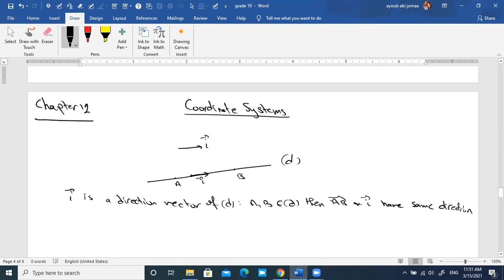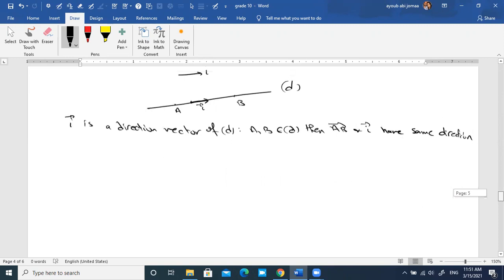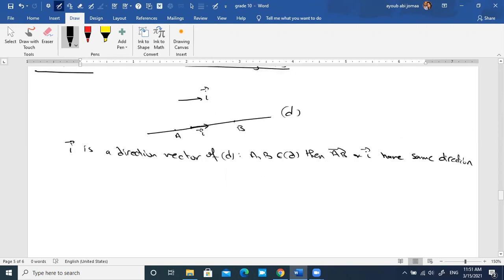Right. If you consider now a straight line D, and direction vector I, and if you consider a fixed point O on line D, you fix the point O on line D. Right.